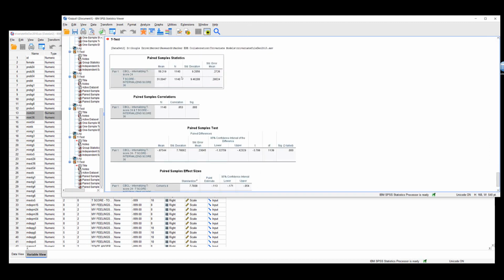On the top again, we've got our descriptive statistics like we've had throughout. These are t-scores, so there's an average of 50 on these t-scores. So 50.219 at time 1, 51 at time 2. We've got 1,140 people. That's a lot of people in a sample.